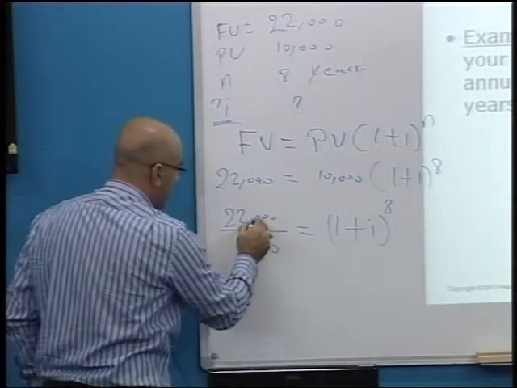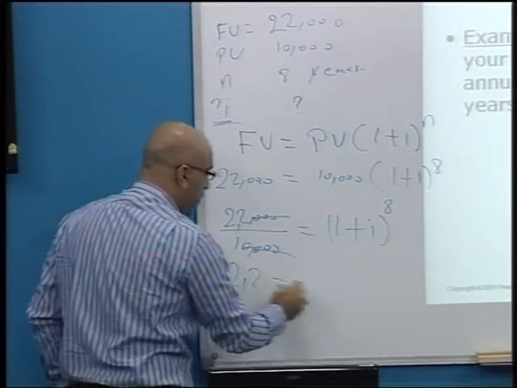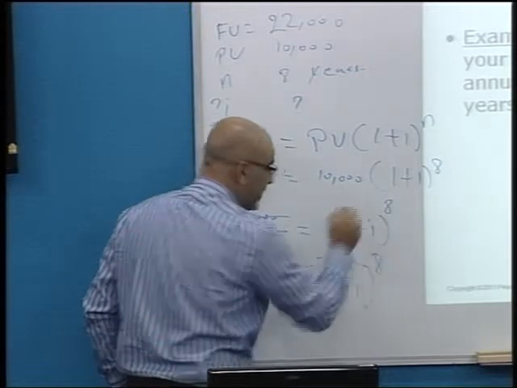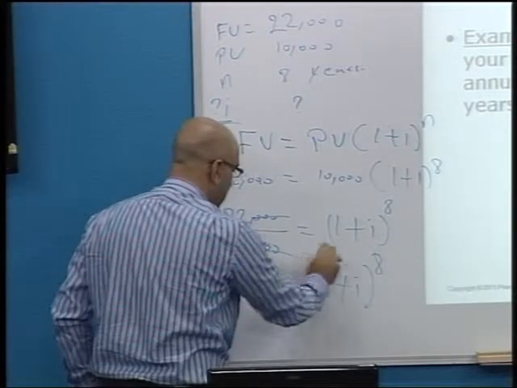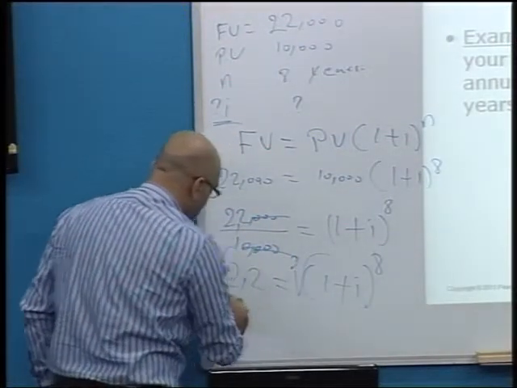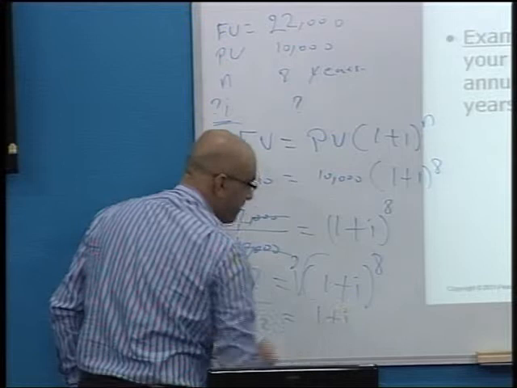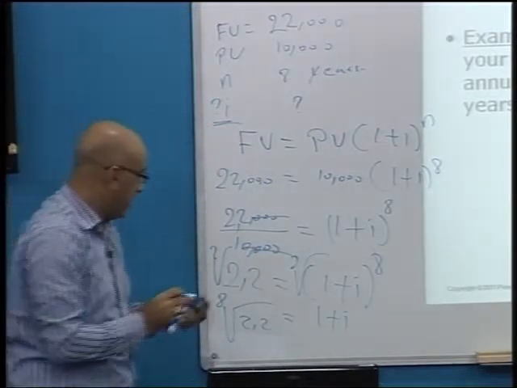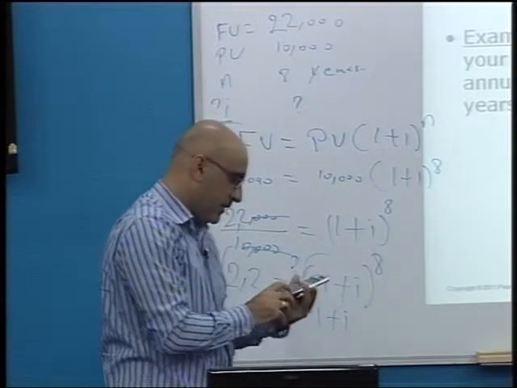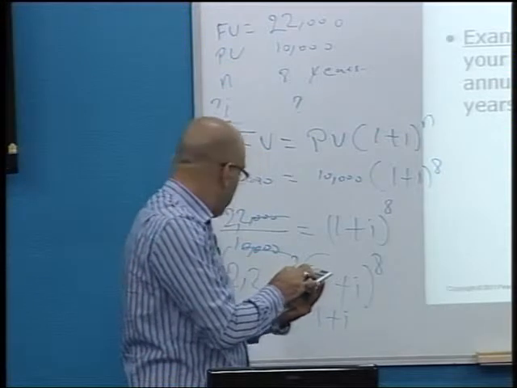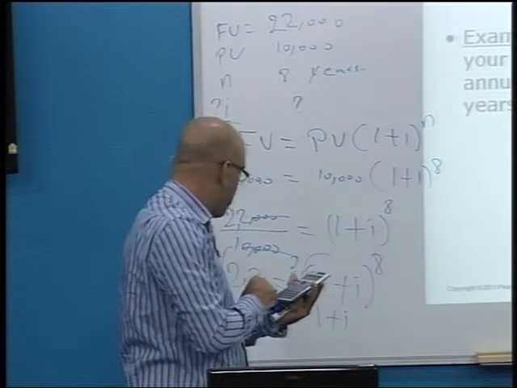So 2.2 is equal to 1 plus I power 8. We put this under a root, this is under root and this is under root. We will get the 8th root of 2.2 is equal to 1 plus I. We can do it using the calculator: 2.2, root of 8, the power of 1/8.